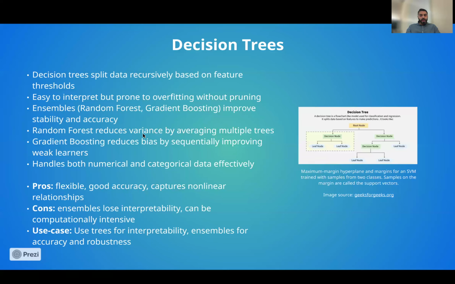So the idea behind a decision tree is to split data recursively based on feature thresholds at every node. If you look at the diagram on the right, you'll see that we start off with the root node, and then we start coming up with these decision nodes that essentially threshold the data at that particular node based on a certain threshold value, which is trained during train time.